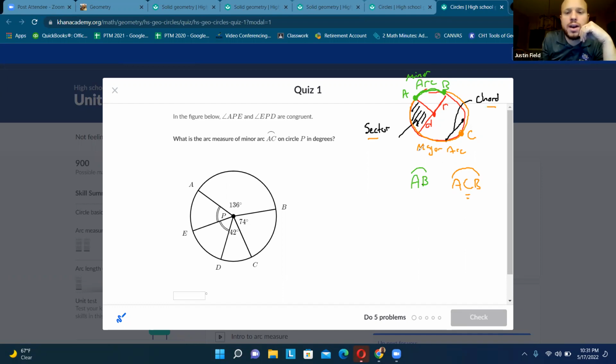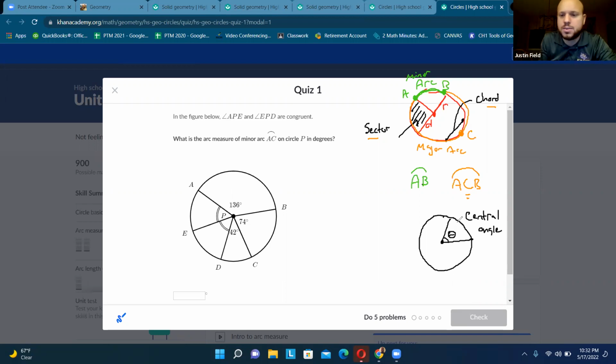We also have angles in the circle. So let's start with that. There are two kinds of angles in the circle. Let's call them theta. Remember theta? This is called a central angle because it's an angle formed at the center. All right, should make sense. And the central angle has this property about it.